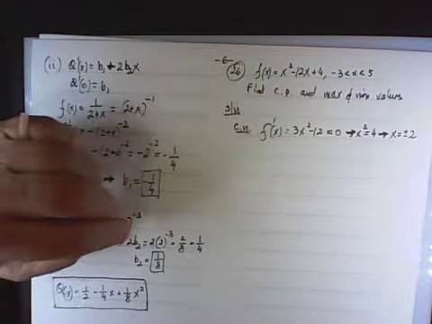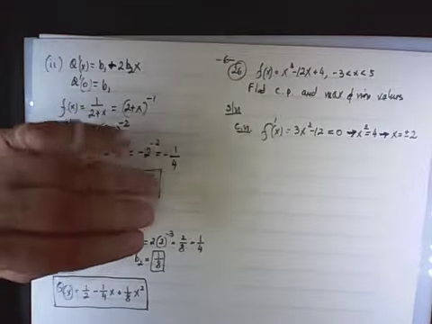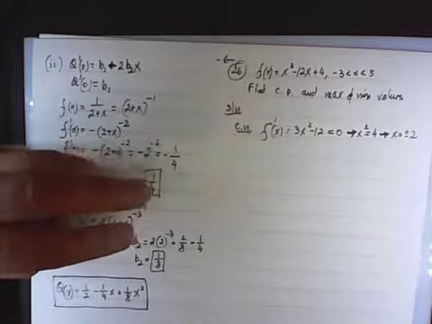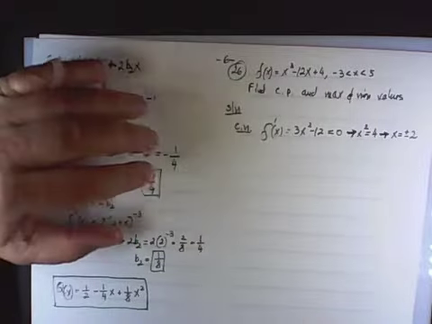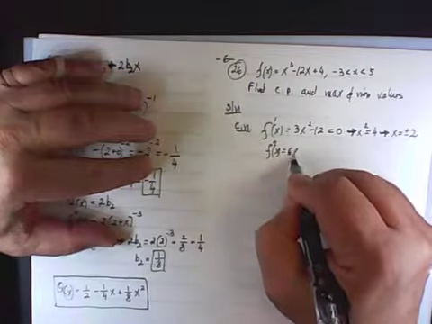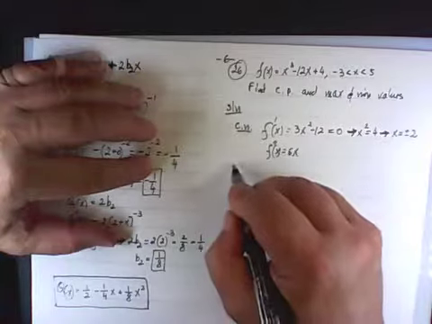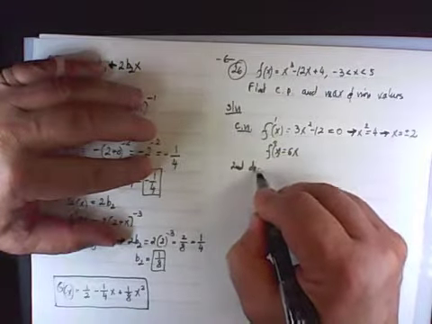Since we are very smart and we know the second derivative test, let's apply the second derivative test. So f double prime of x equals 6x minus 0. Okay? So second derivative test.